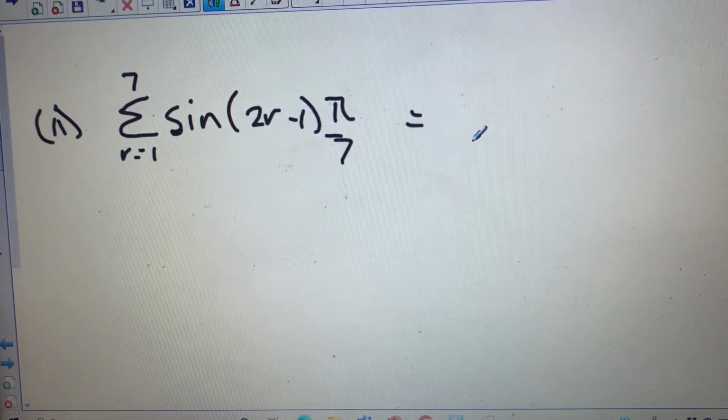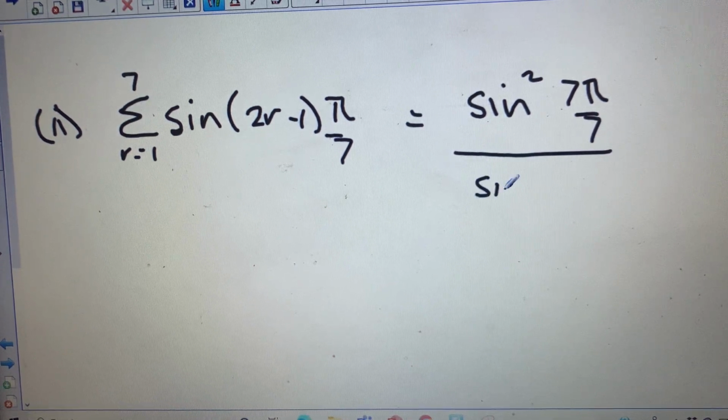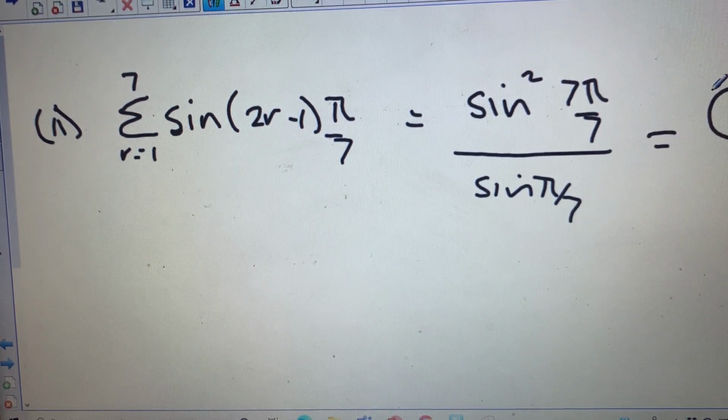So you're just simply replacing that. So you're going to have the sine of 7 pi over 7 all over the sine of pi over 7. And it does ask you for the exact value, but if you put it in your calculator, it is 0. Phew! Right.